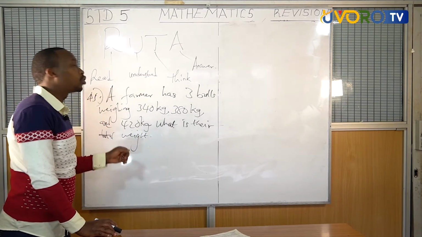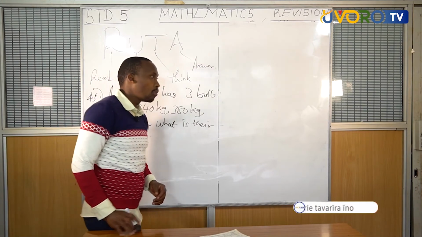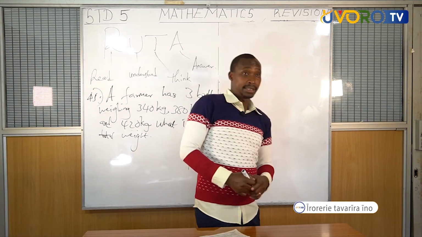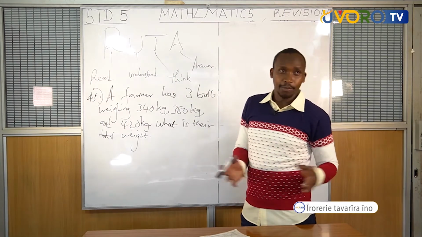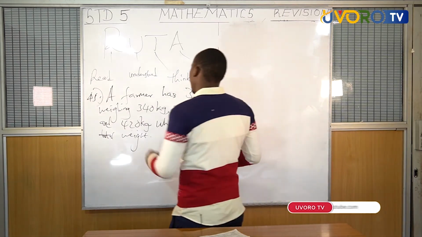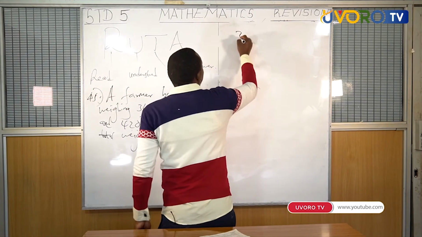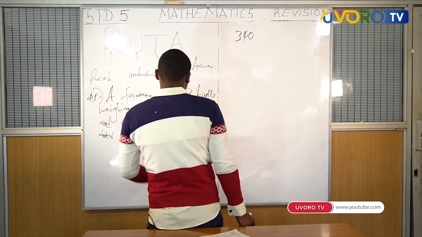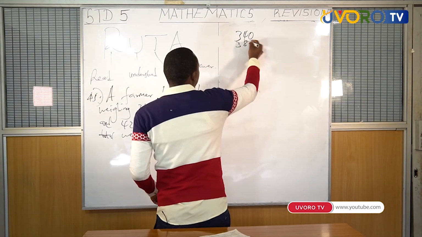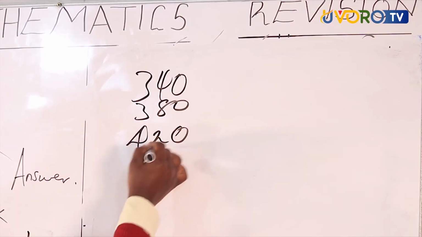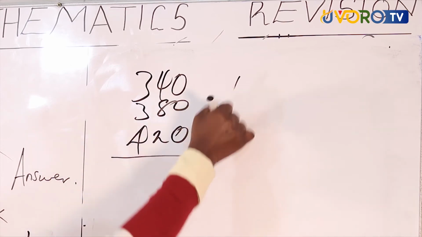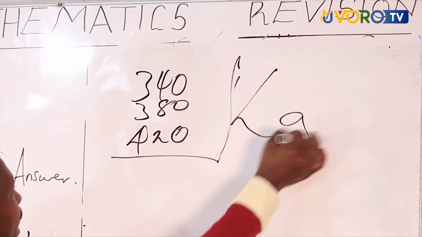What is their total weight? Total means you add. Put them together. So bull A is having 340, bull B 380, and the other one is having 420 kgs.